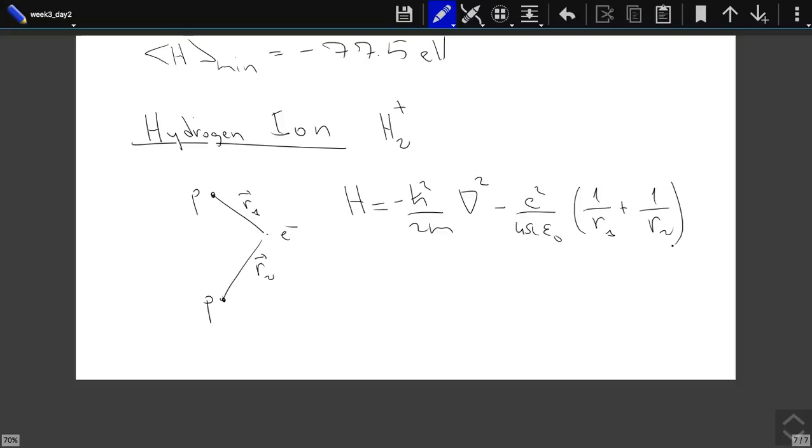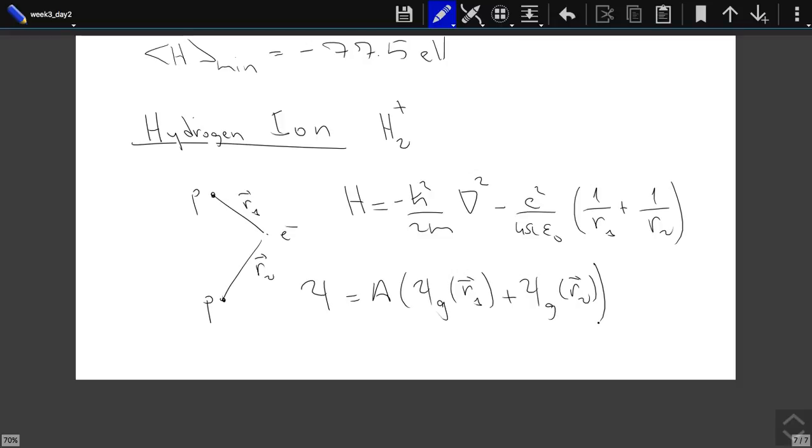So they will not be influenced by each other. Now, of course, we are bringing them together. The electron will be able to jump from one to the other. But we can still more or less say that it's either orbiting one of them or orbiting the other one. So the easiest one will be the ground state around R1 plus the ground state around R2.